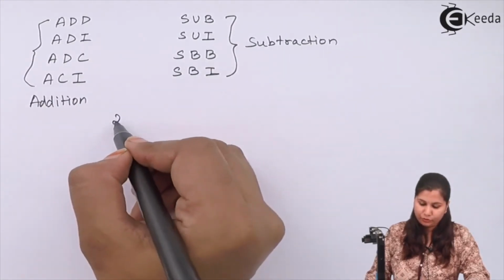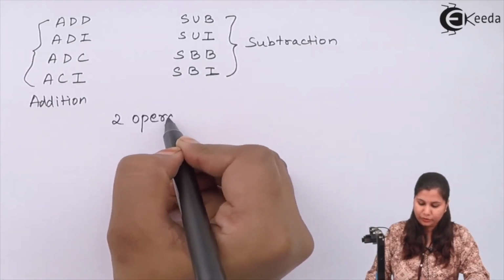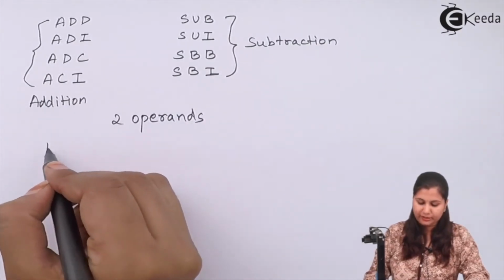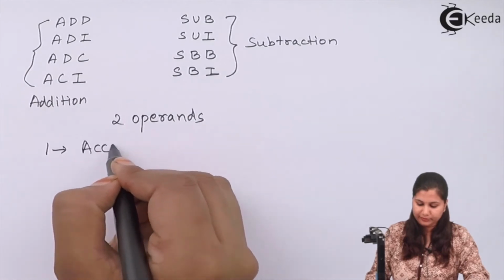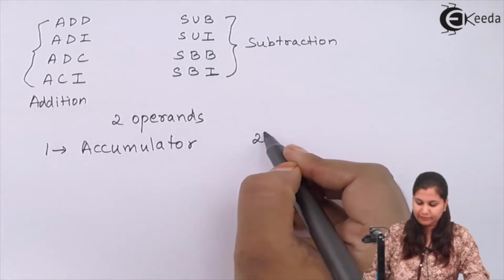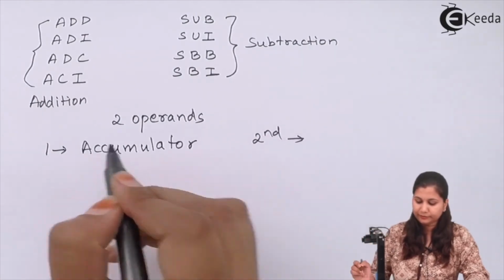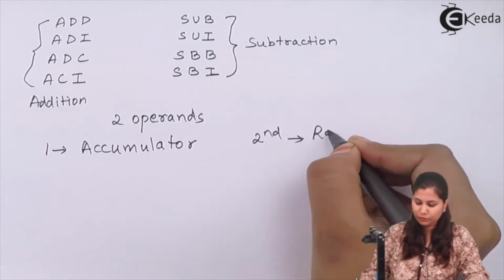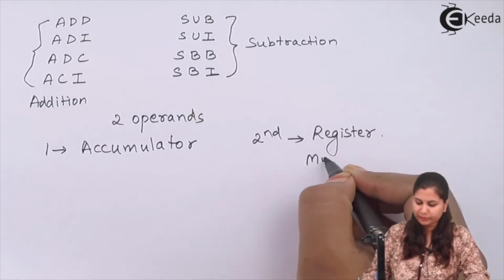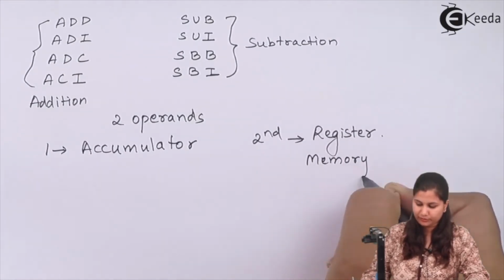We were having two operands, two numbers we require, and one of the numbers is in the accumulator and the second number is either stored in a register or at a memory location.